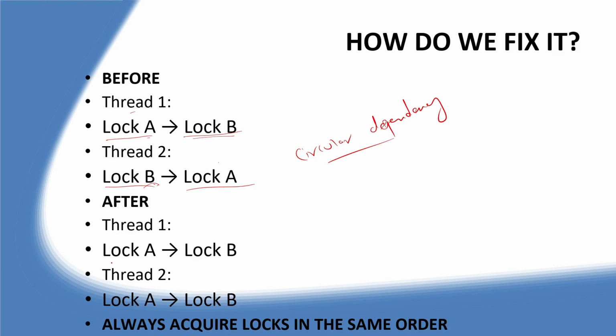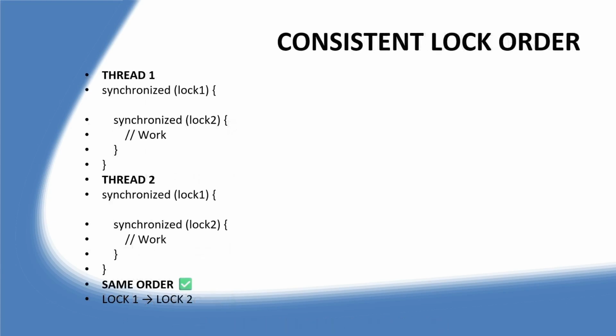If thread 1 is acquiring lock A first, then lock B, similarly thread 2 should also acquire lock A first, then lock B. That's how we can approach consistent lock ordering. Always acquire locks in the same order. Here is the example: thread 1 is acquiring lock 1 first, then lock 2.